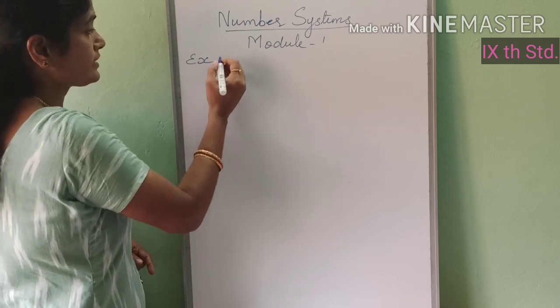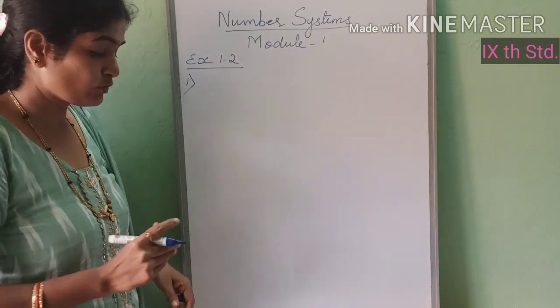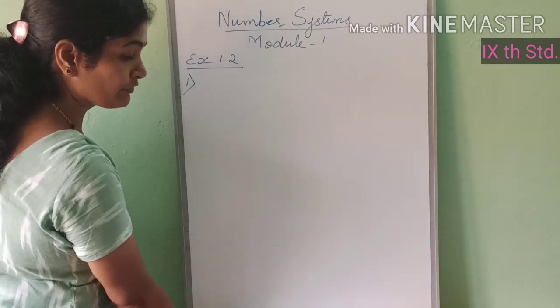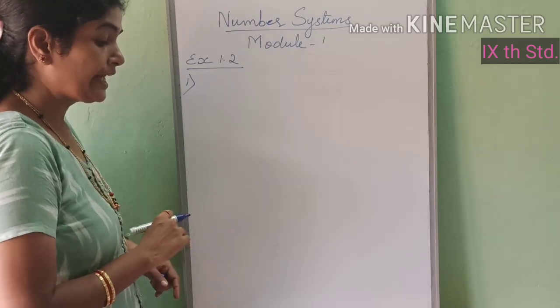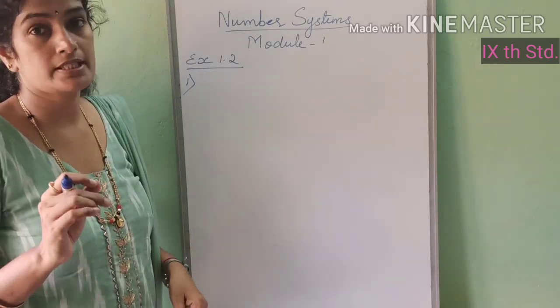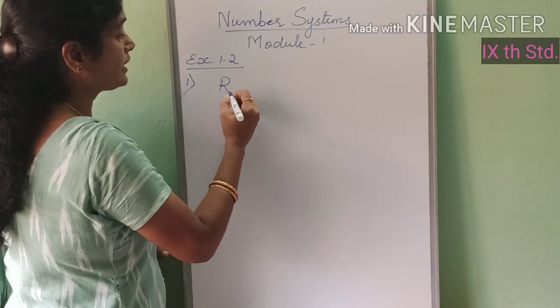Next, exercise 1.2. See the first question in that exercise. What have they said? State whether the following statements are true or false. Justify your answer. First statement. Every irrational number is a real number. What are real numbers actually?